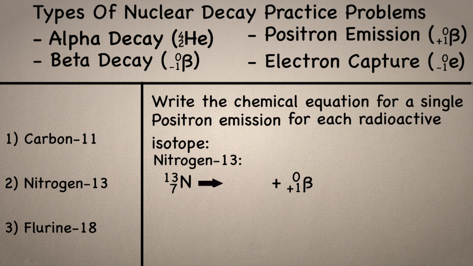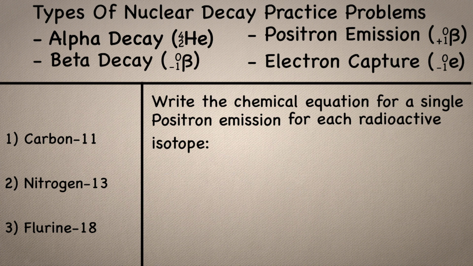That means our element must come up with 13 atomic mass units. Now we go down to our protons. You have 7 with the nitrogen, and we have +1 with our positron, so that means it must be 6. So 13, 6 carbon, or carbon 13. So 13, 7 nitrogen will decompose into 13, 6 carbon plus a positron.